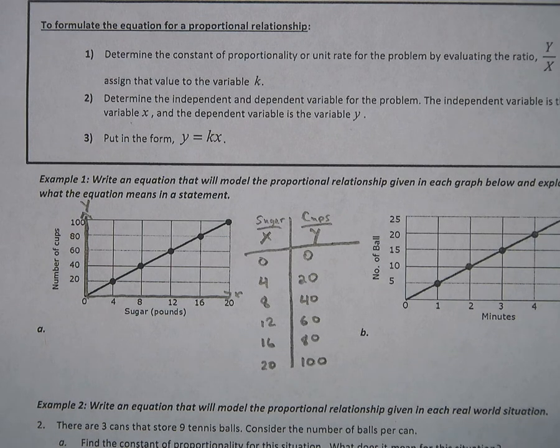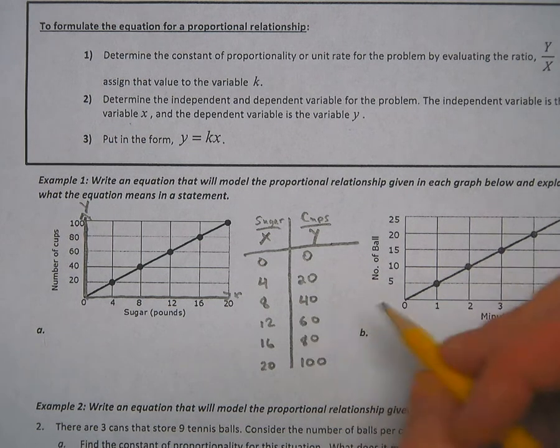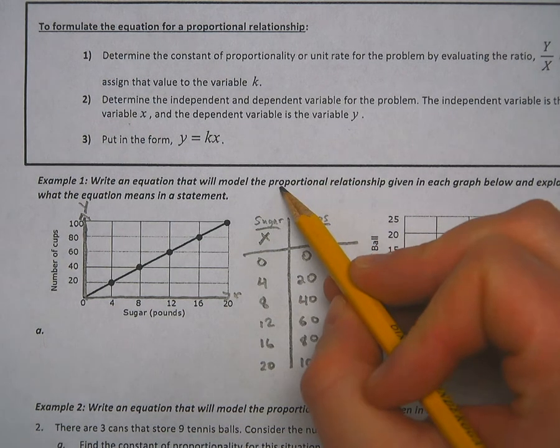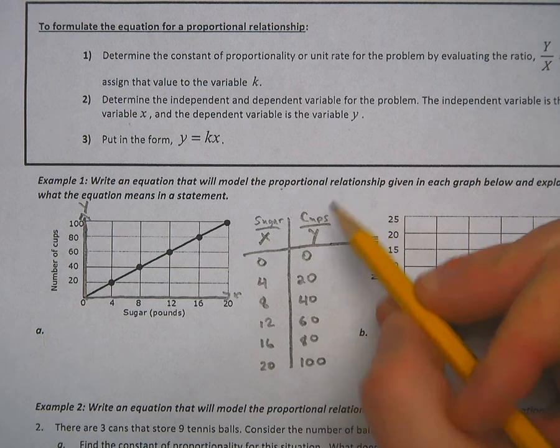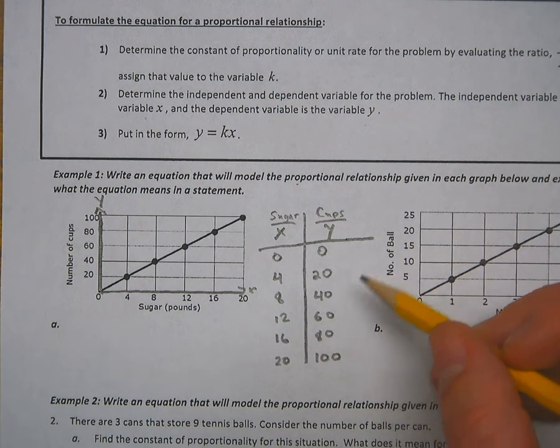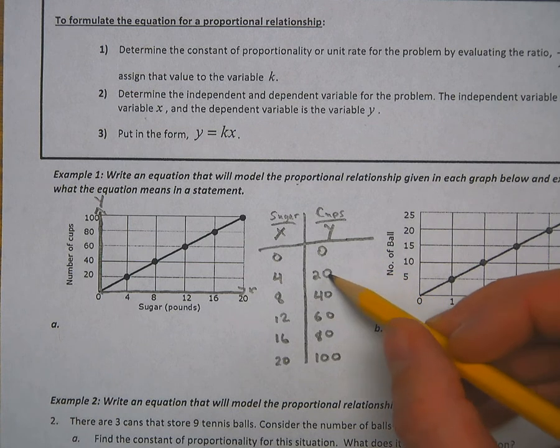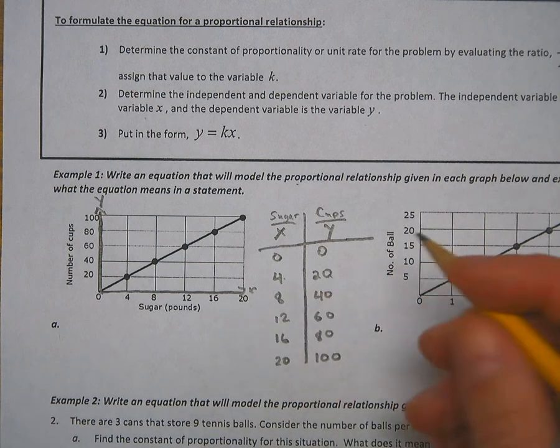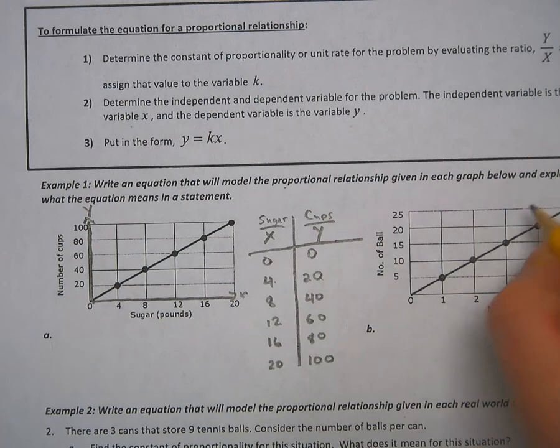Now, to double check and to find whether this is a proportional relationship, we still need to check each and every point. Now, it does say that it is a proportional relationship, but we're going to do the same thing that we did in the past, which is divide the y value by the x value to get our unit rate.